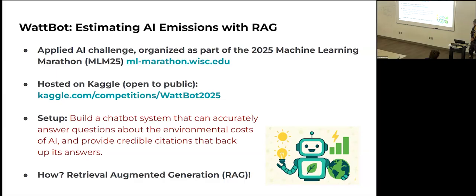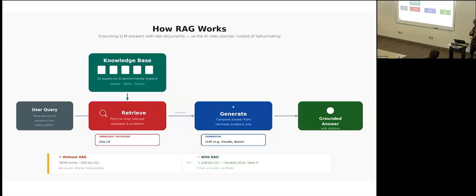So how can we do this? One way that's become very popular over the past couple of years is retrieval-augmented generation. So here's a one-slide overview of what retrieval-augmented generation is, or RAG. If you haven't heard of it before, this is an improvement upon regular large language model generation.